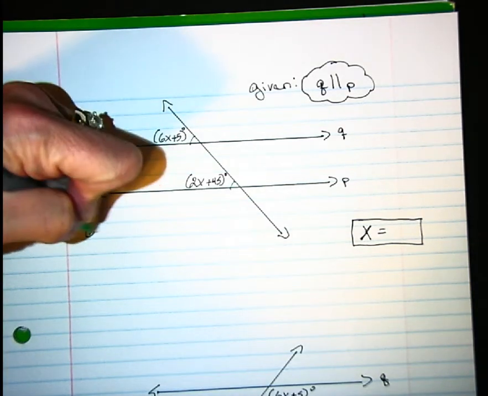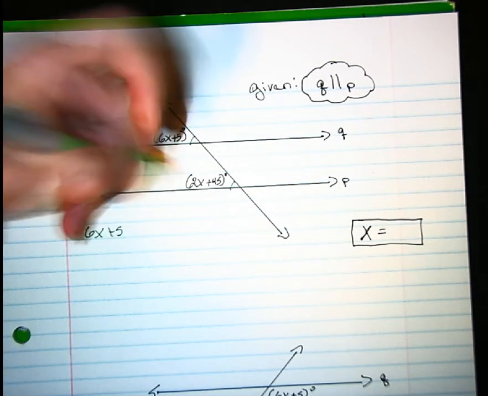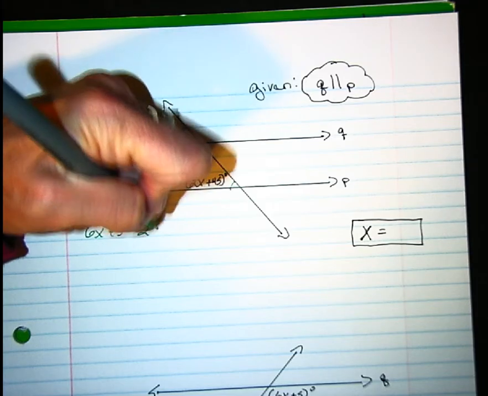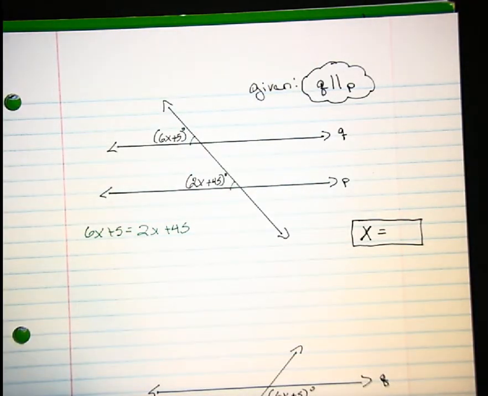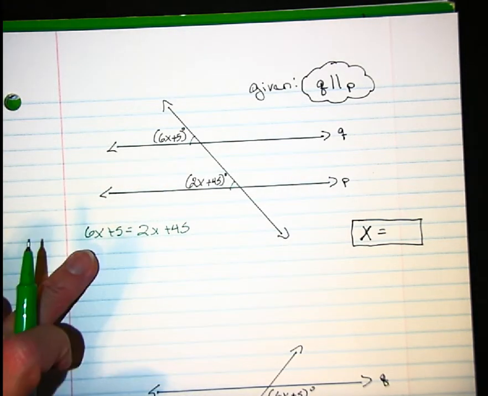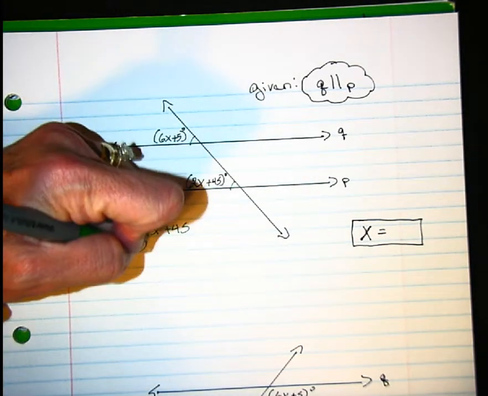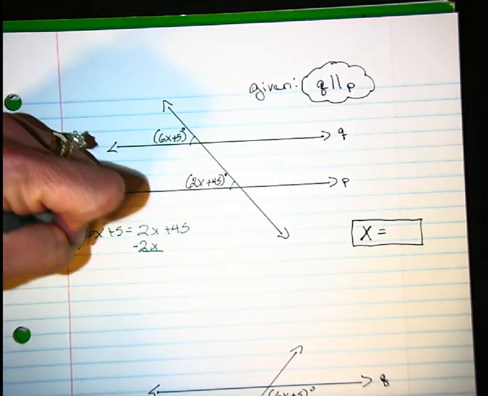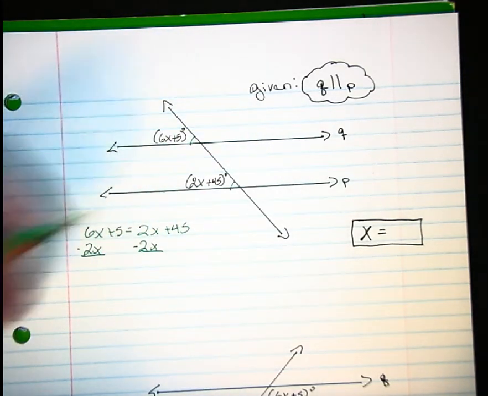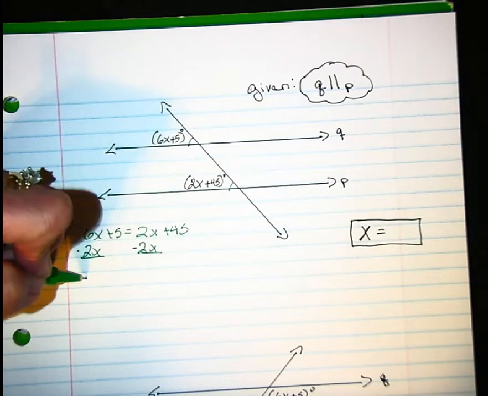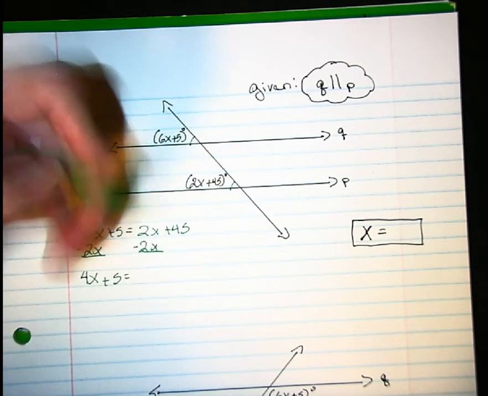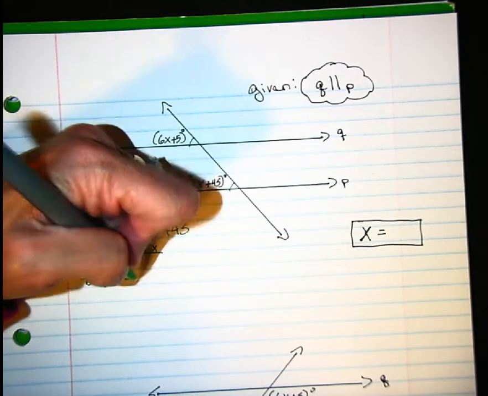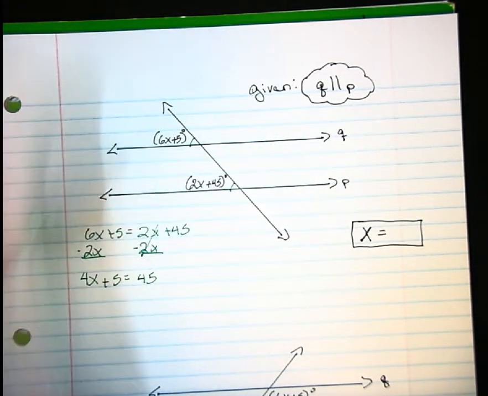I'm going to say 6x plus 5 equals 2x plus 45, and then we need to solve for x. We're going to get the x term on one side of the equal sign, so we're going to subtract 2x from both sides. So that would give us 4x plus 5 equals, that's going to cancel out, so we're just going to be left with 45.